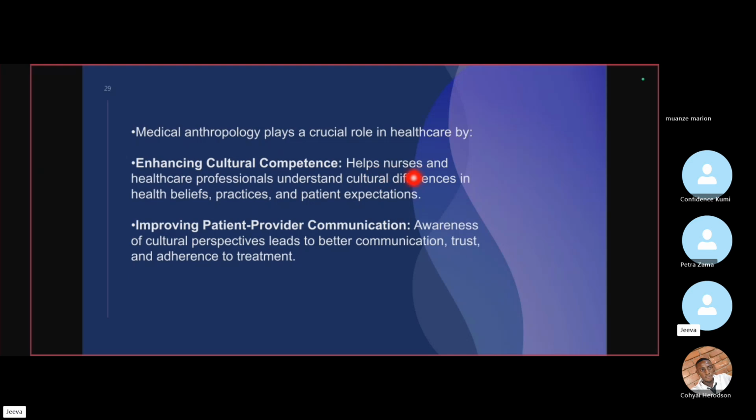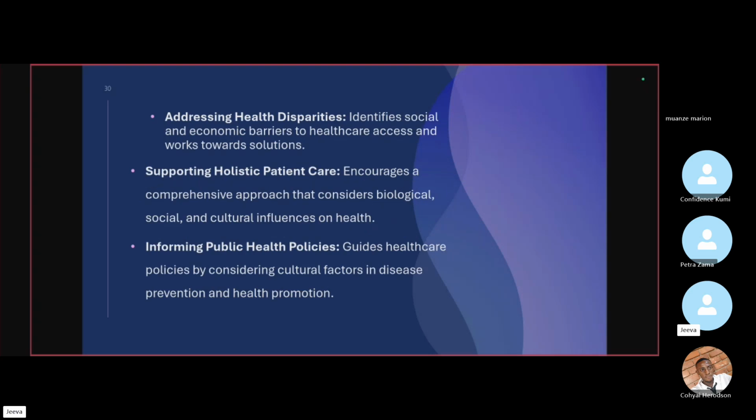So one thing, you can provide a better treatment by understanding your patient. You can have proper communication and build trust between you and the patient. You can give equality in the care. You can provide holistic patient care by encouraging your patient. Then you can inform them about public health policies and concerns.